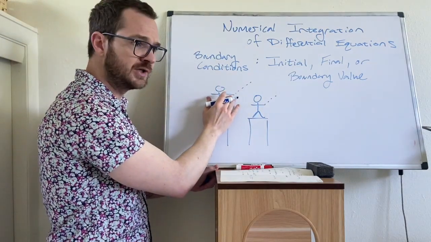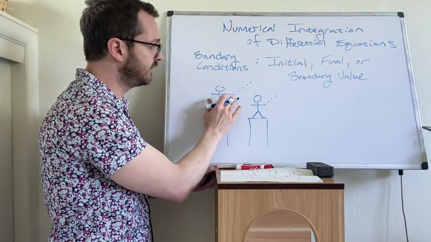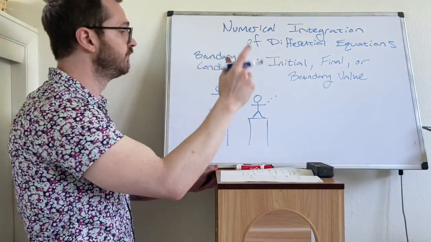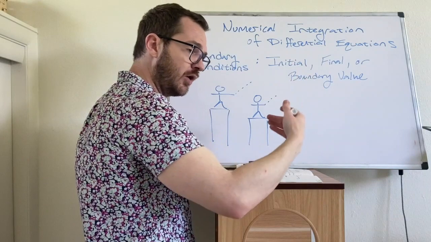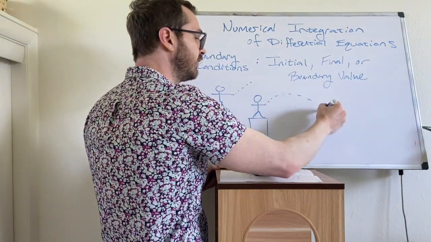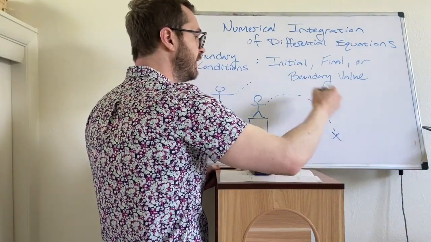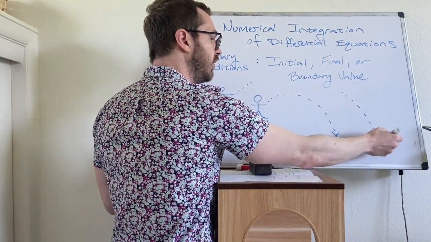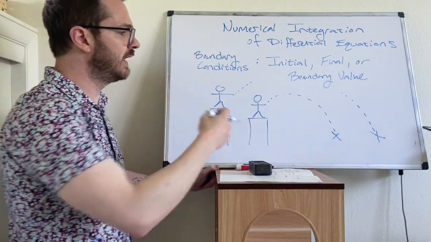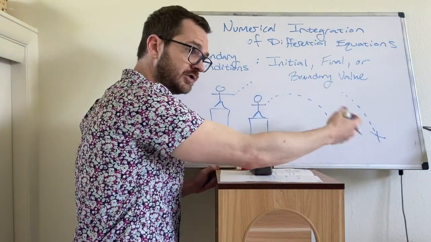They throw their projectiles at the exact same speed and angles. We know then that the projectile cast from the lower platform is going to come down and strike the ground. The projectile cast from the higher platform will also come down and eventually strike the ground, but it is going to travel a larger distance.